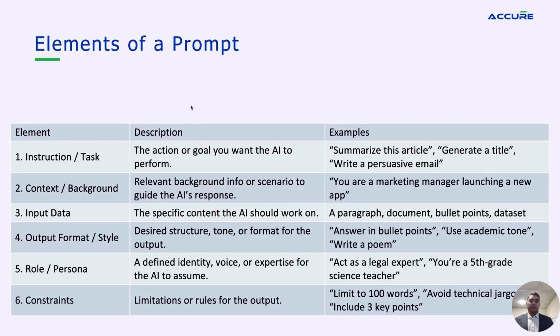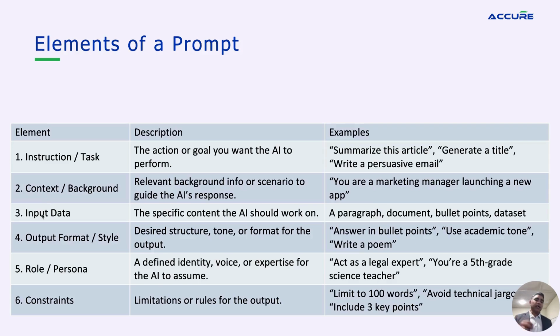So, what makes a prompt? These are the elements of a prompt. I have listed these elements with their descriptions and some examples. A prompt consists of an instruction or a task. It may have background information called context.